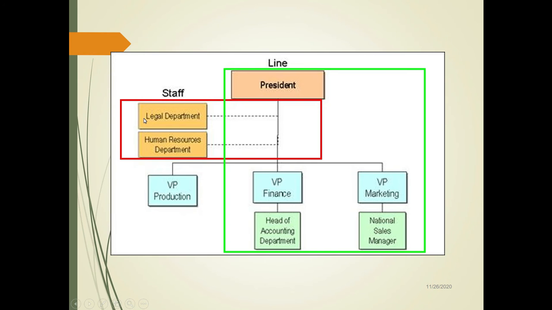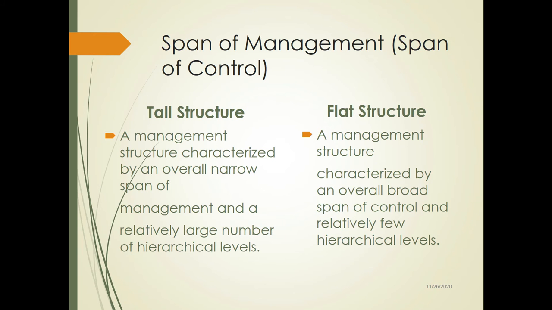Okay. All right, now let's talk about the tall structure and the flat structure. A tall structure is characterized by a narrow span of management and a relatively large number of hierarchical levels.